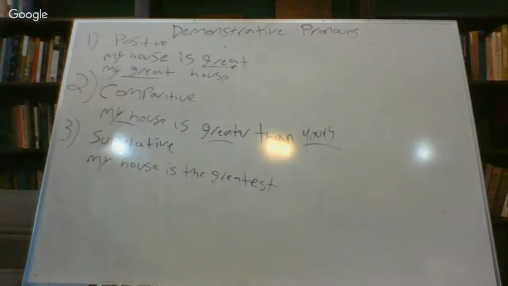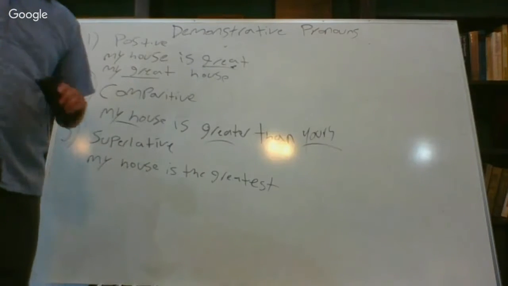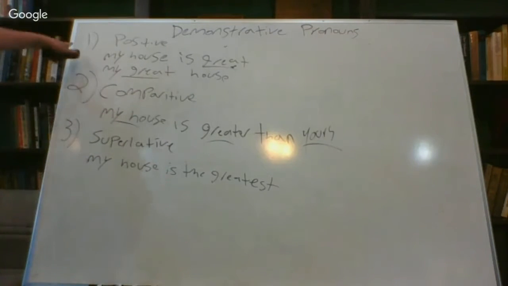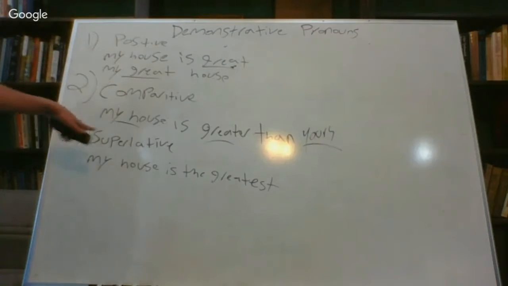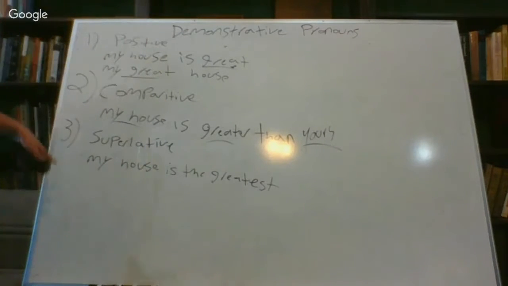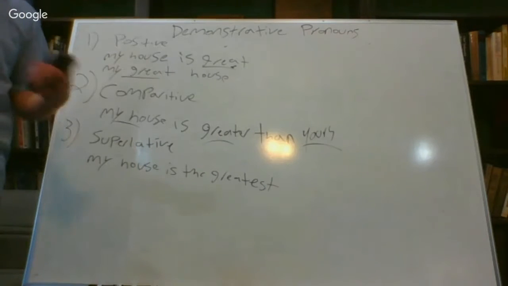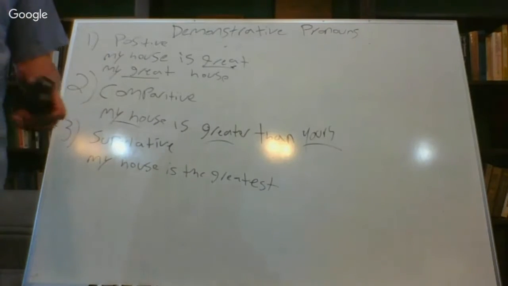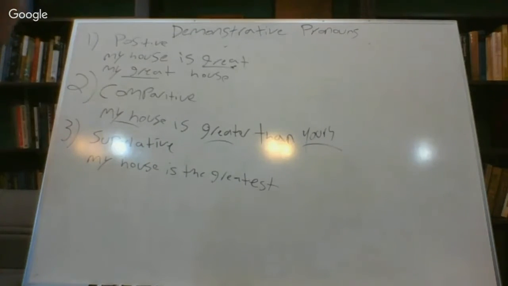And so what I'm saying is that I've compared my house to everybody else's. My house is the greatest. So we have positive, my house is great. Comparative, my house is greater than yours. Superlative, my house is the greatest. Greek also uses these three degrees.